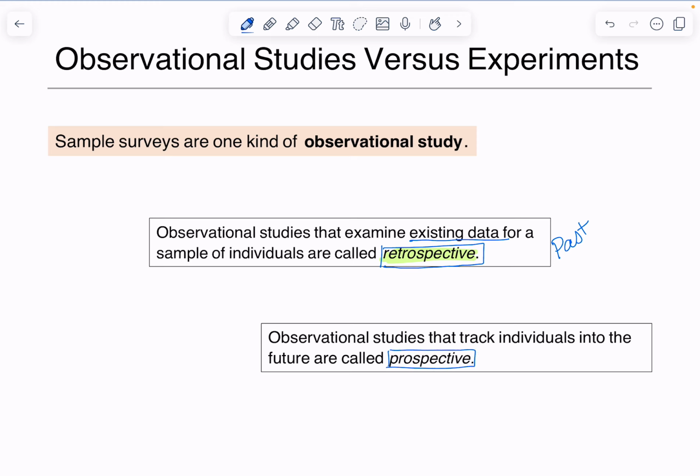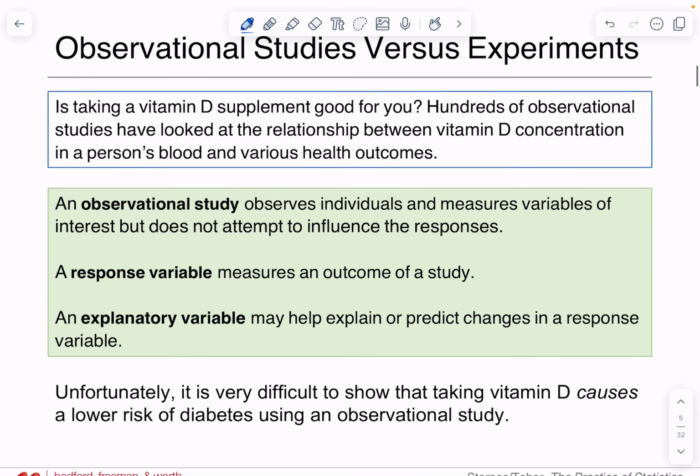Okay. So again, I mentioned this before, with observational studies you observe individuals, but you do not try to change anything about them. You do not attempt to influence any of the responses. You're just watching. You are just observing. And we have the same stuff as before.